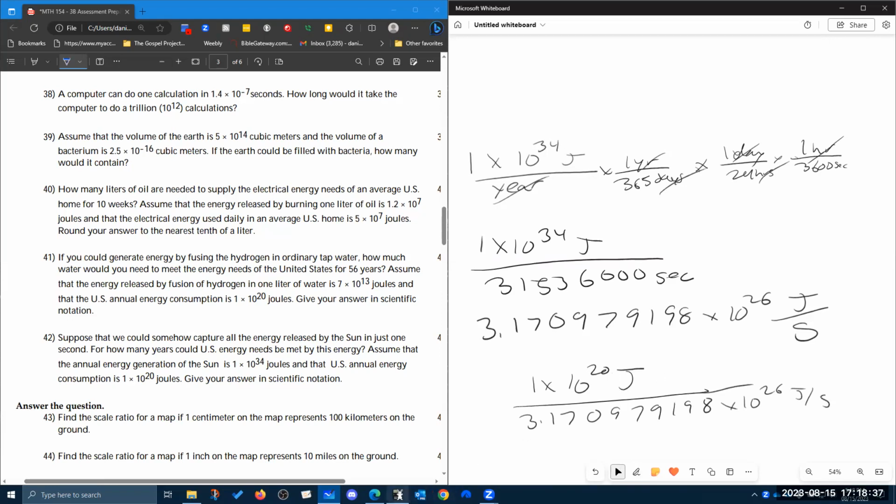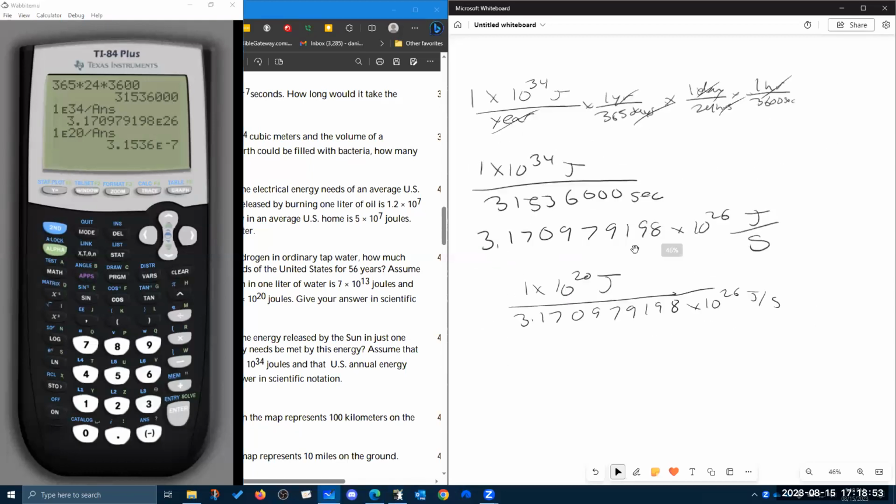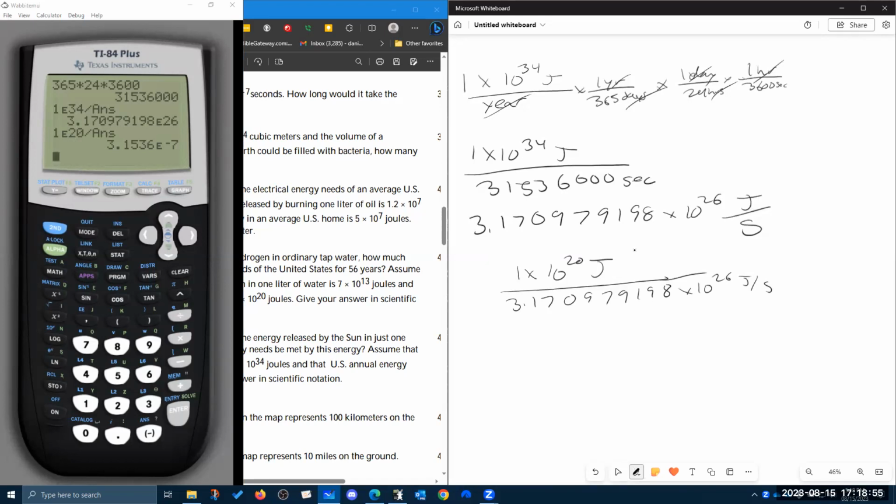So I'm going to take 1 times 10 to the 20th divided by my answer here, which is going to give me 3.1536 times 10 to the negative 7 seconds.